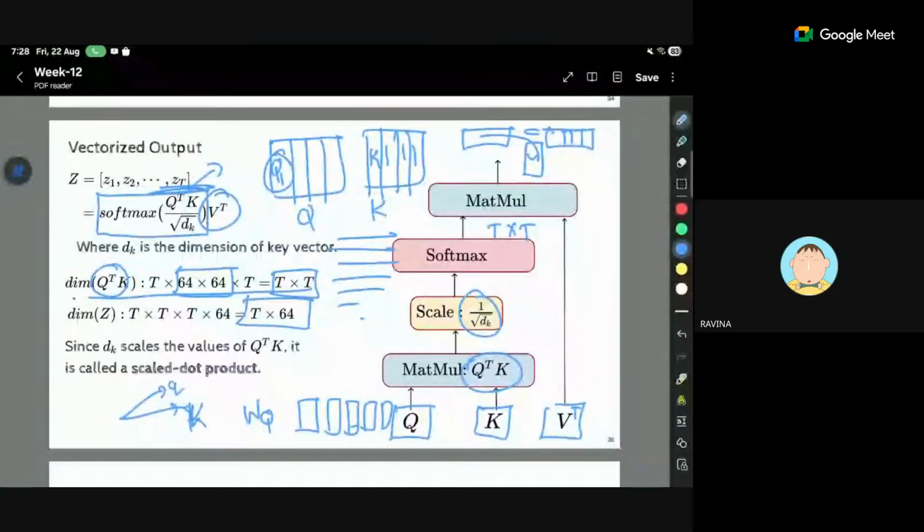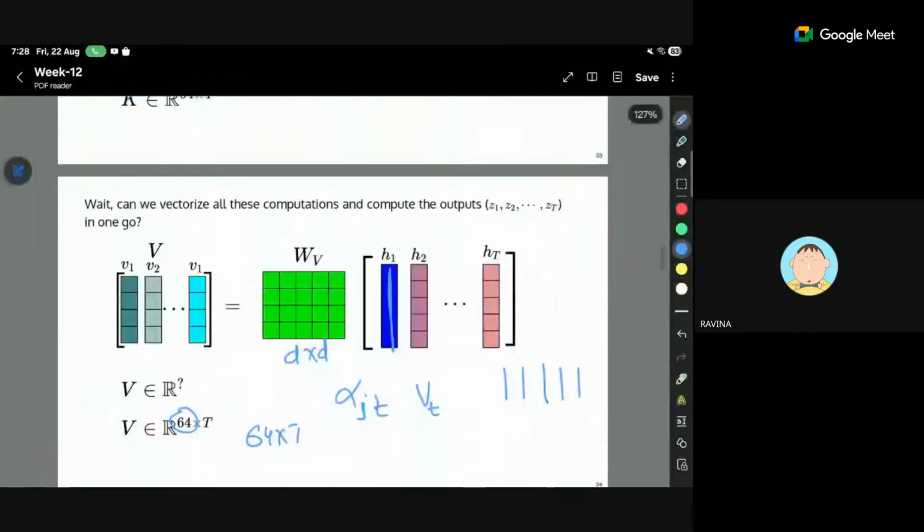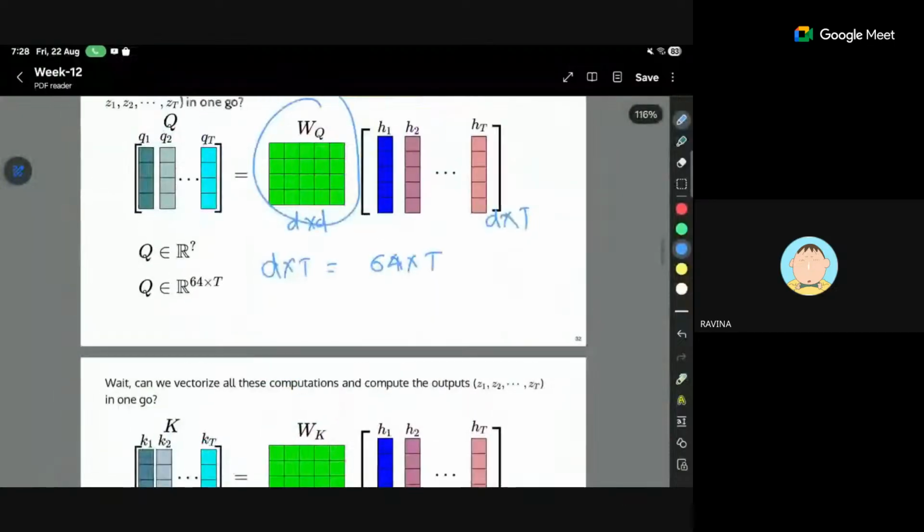To compensate, can you explain with the example of dimension? This one or previous one? This one will be right. Yeah. So these are the dimensions, right? Dimension of each of them are there.